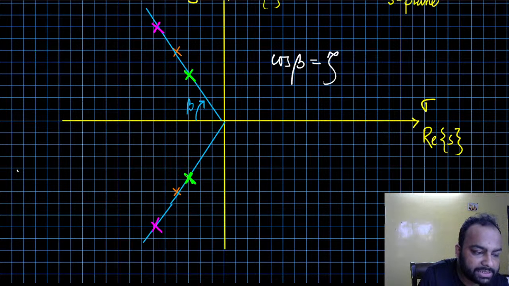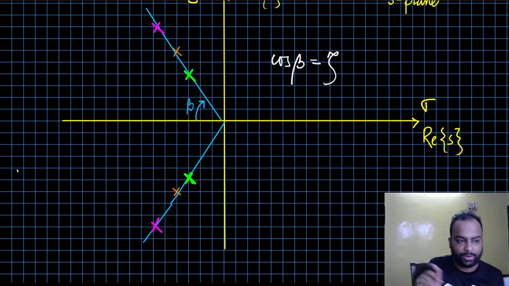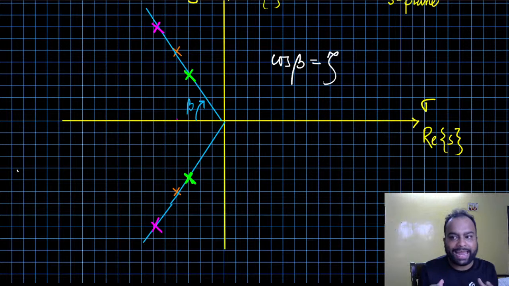The system with the orange poles will have that same value of zeta. And the system with the green poles shown here would also have the same value of zeta, because zeta is entirely determined by this angle. Try to understand, zeta is entirely determined by these angles.